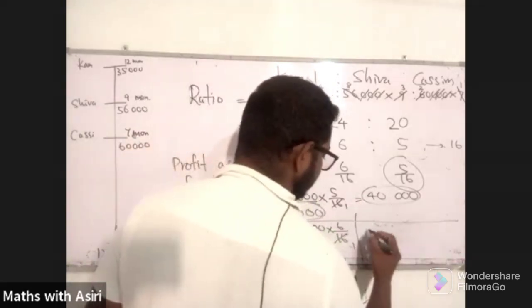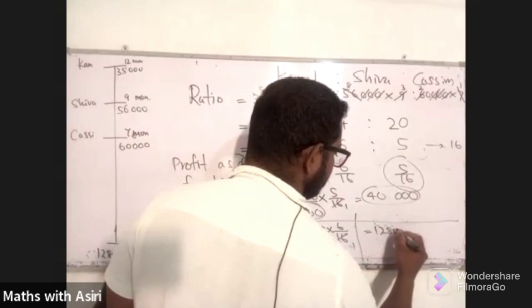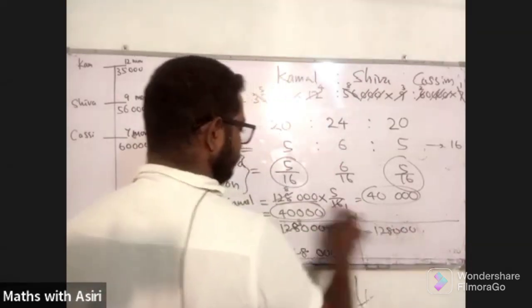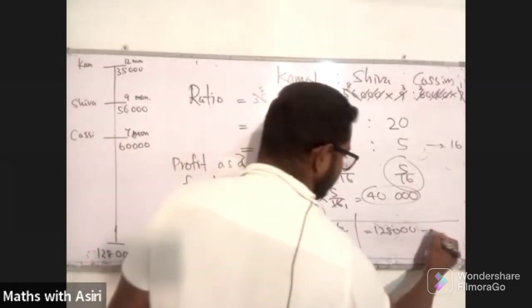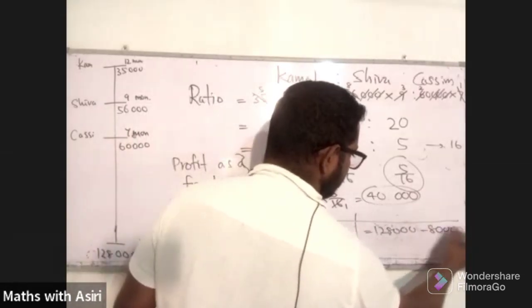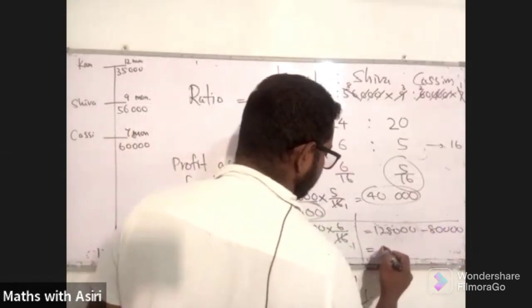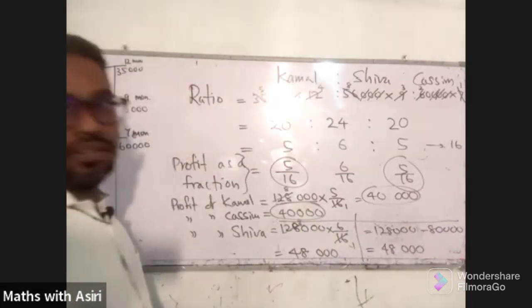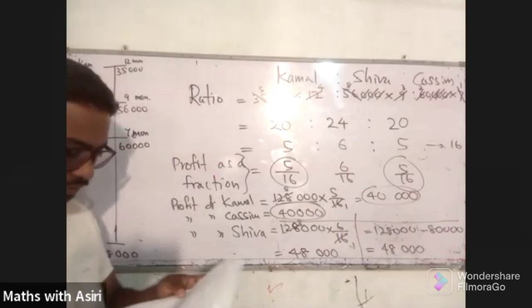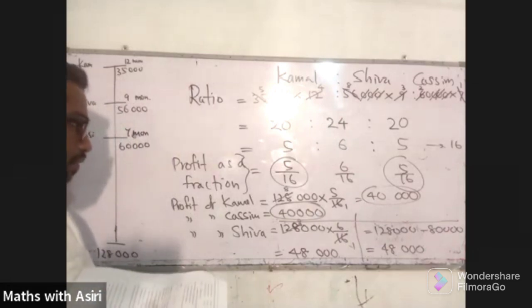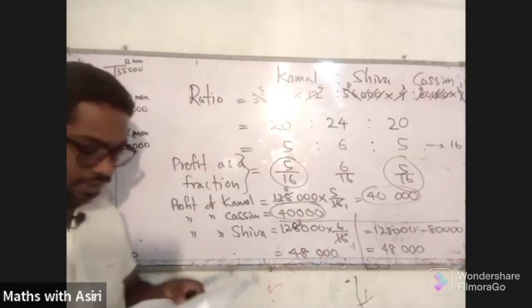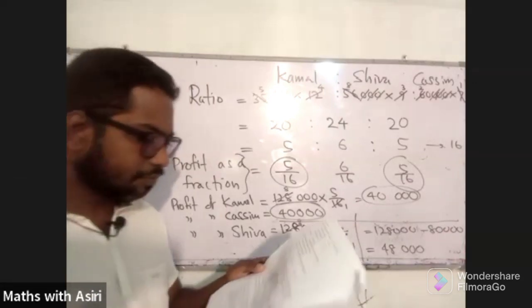That is another method. 40,000 plus 40,000 is 80,000. From this 128,000, that becomes 48,000. Yes, that is the profit of Shiva.